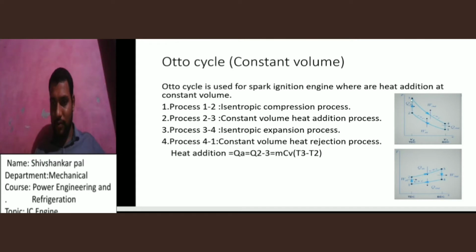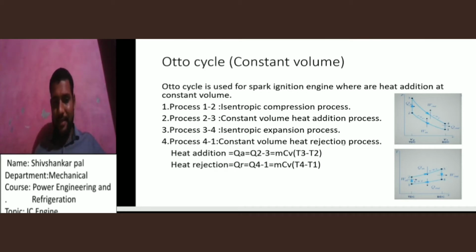So the heat is m times CV times delta T, where CV is the specific heat at constant volume. Write down m CV (T3 minus T2). Delta T means the final temperature minus the initial: T3, the maximum, minus T2.